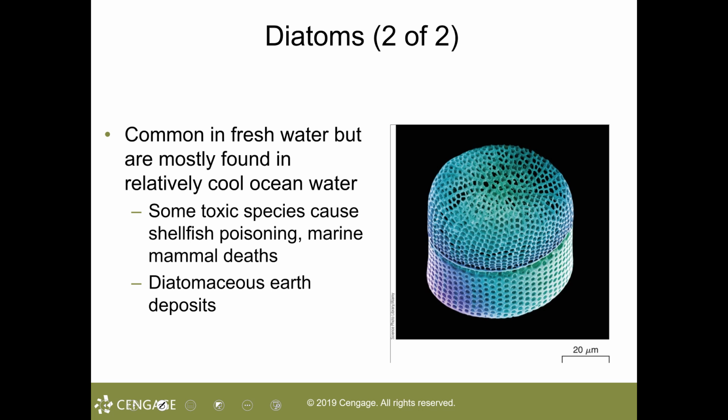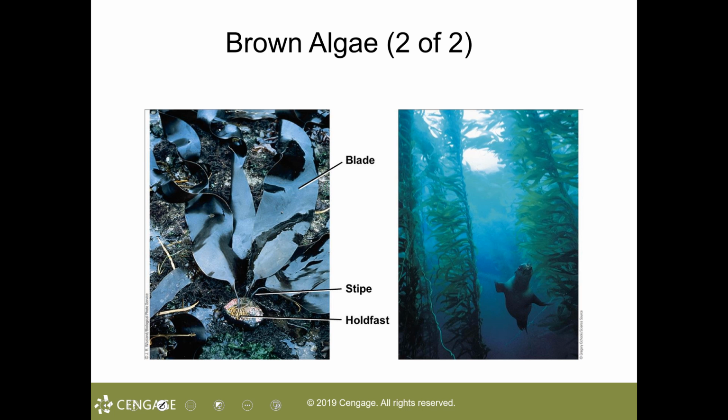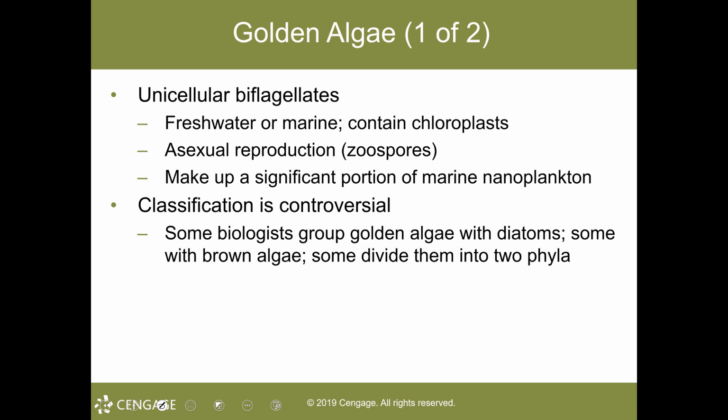And poisoning, class, would be, of course, in shellfish. Next up, class, is brown algae, and you find this, class, being of seaweed, which can range from a few centimeters to even 75 meters long, such as kelp, even the kelp forests in the ocean. Kelp forests. So next up, class, the golden algae, to round out where we are.